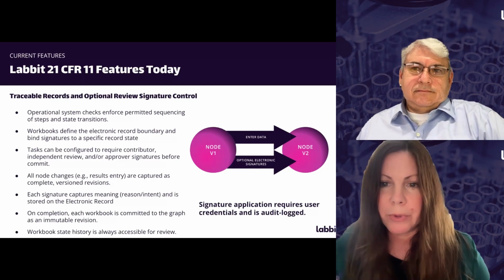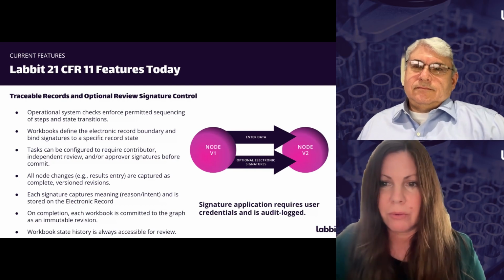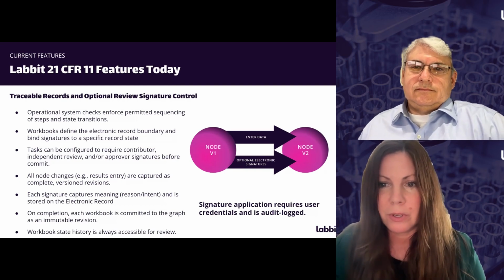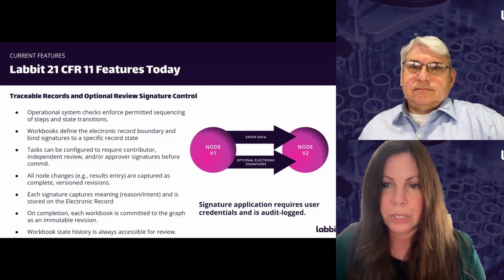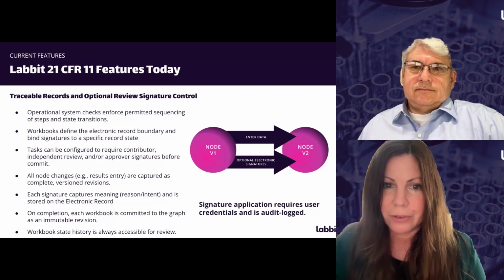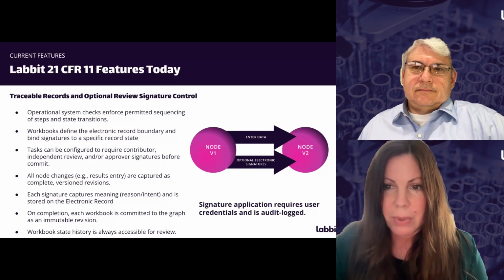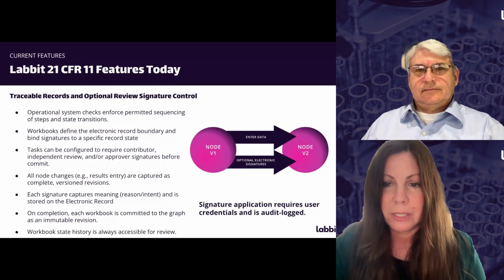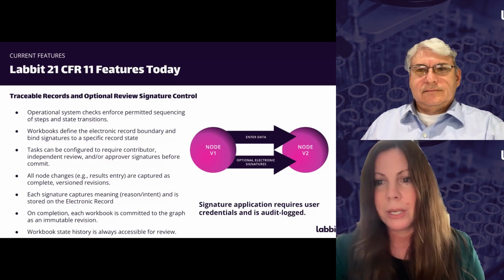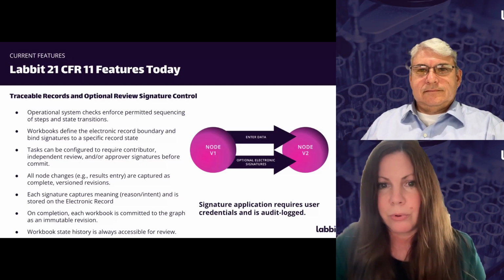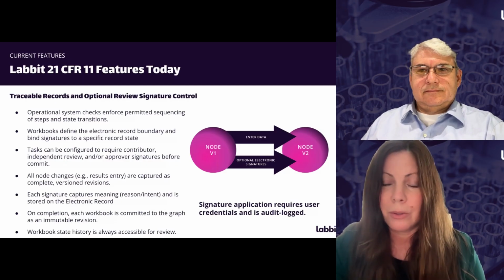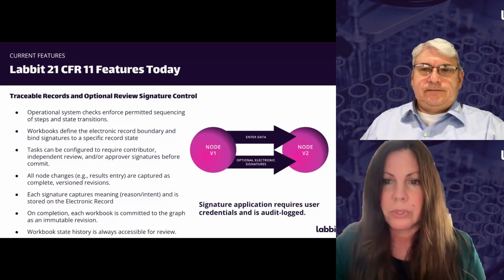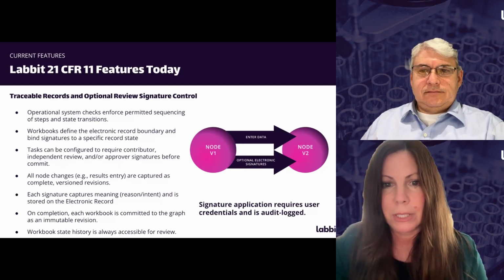Second, workbooks define the electronic record boundary, which becomes very important so that it is fully clear what the signature attests to. Within that boundary, tasks can be configured to require specific signatures, whether that's contributor, independent reviewer, or approver signatures, before committing the workbook. So the record cannot advance until all required roles have signed in the required sequence.